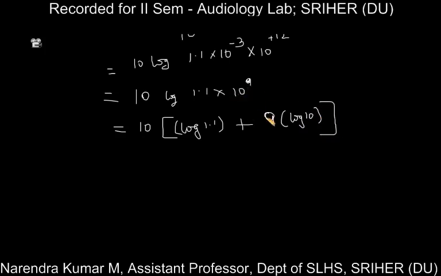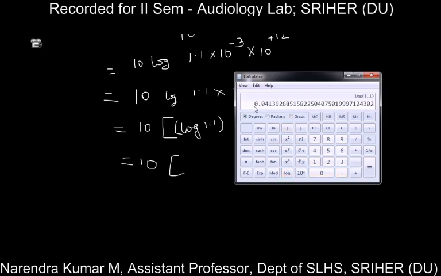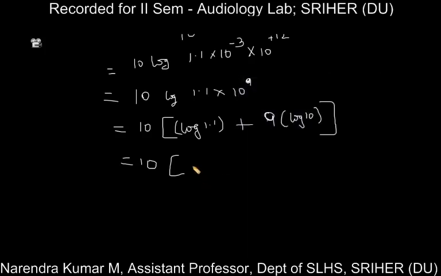Hence it becomes 9 log 10. We need to find the value of log of 1.1. Log of 1.1 is 0.0413, plus log 10 is 1.